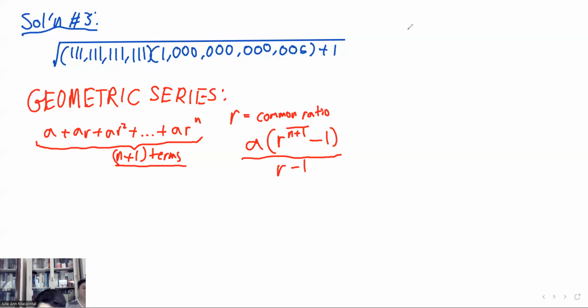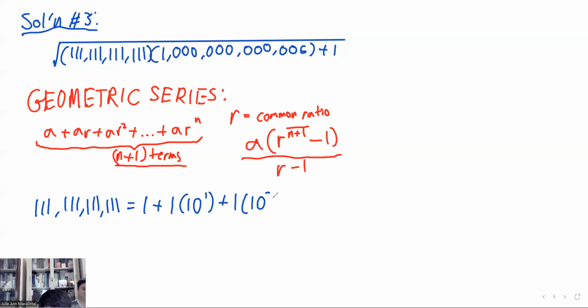So we can express 111 as 1 plus 1 times 10 plus 1 times 100 plus and so on, plus 1 times 10 to the 11. So this is effectively a geometric series.